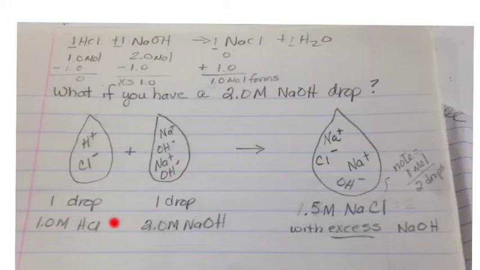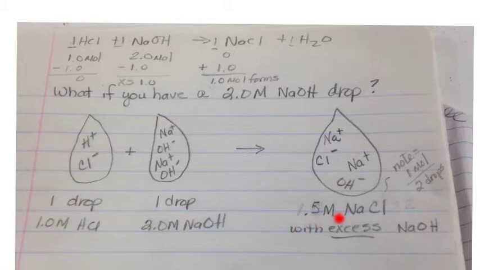So what's happening is the 1 sodium will combine with 1 chlorine, again, just like in the previous problem. And because the drop is twice as big now, volume-wise, it's cutting the concentration to half a molar.